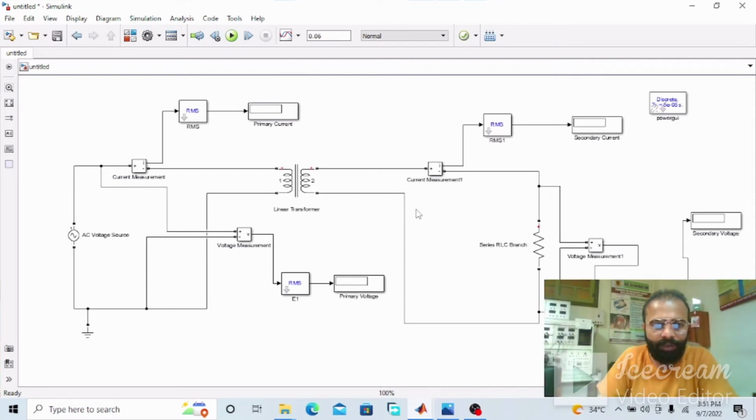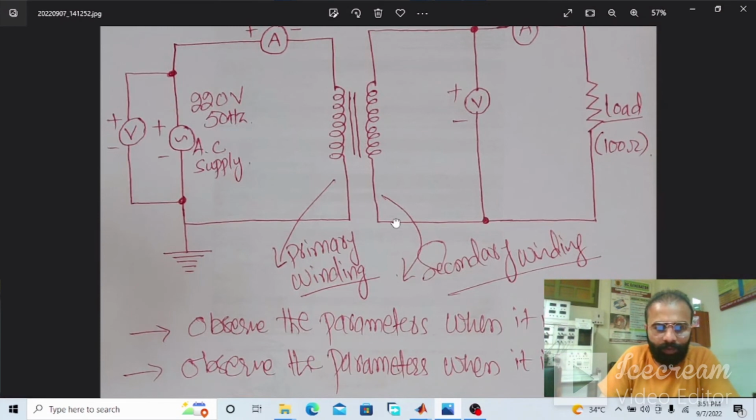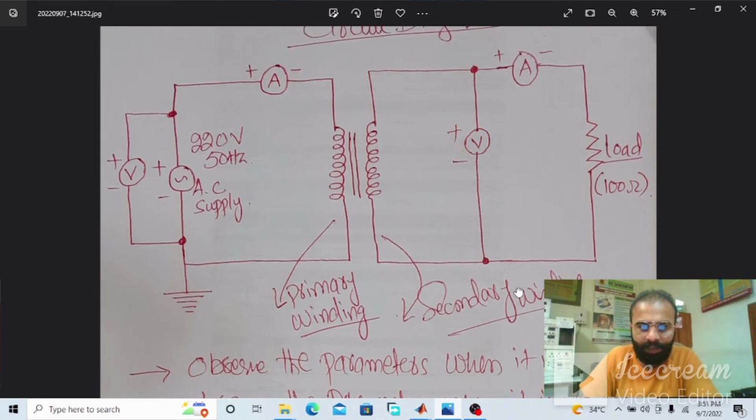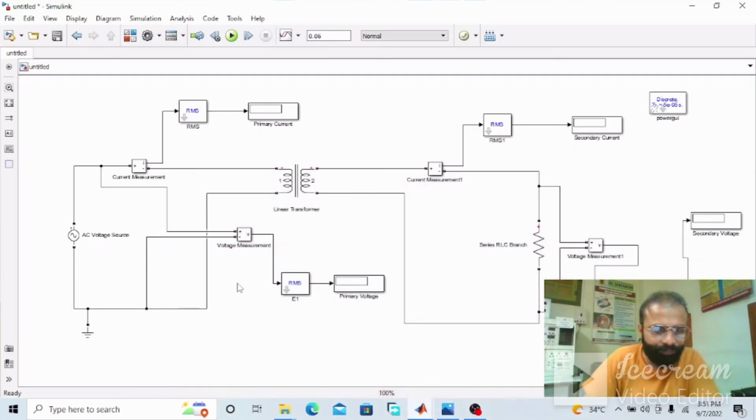So now first of all we need to observe these parameters when the transformer is step up. So in the step up condition of the transformer, this E2 should be greater than this E1, or E1 should be less than this E2. Now change the parameters of the transformer.